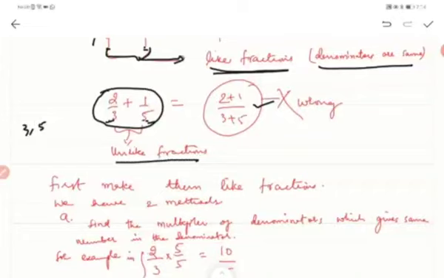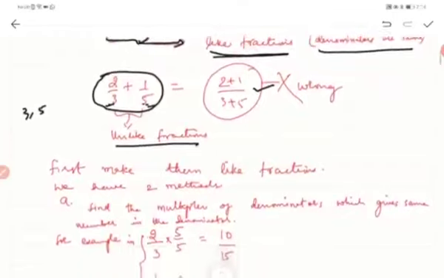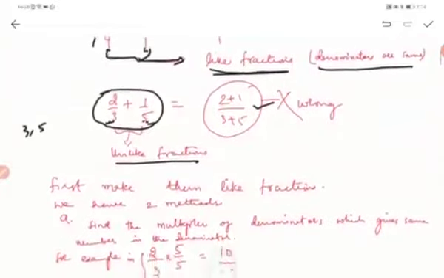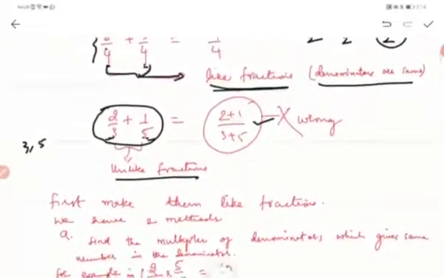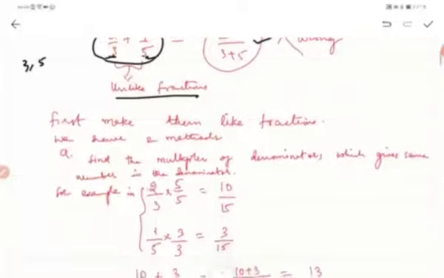Okay, so you need to first make these unlike fractions into like fractions, and then you can go for addition or subtraction. Okay, so to make these unlike fractions into like fractions, you have two methods.